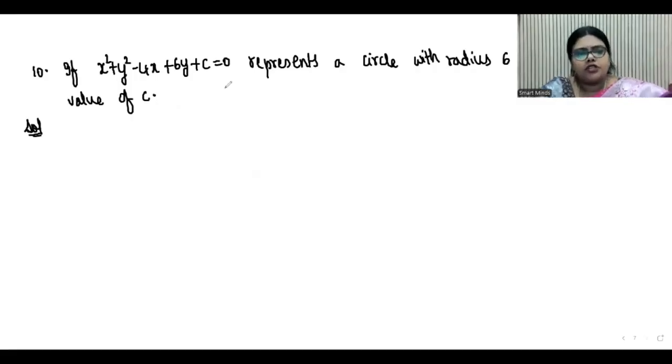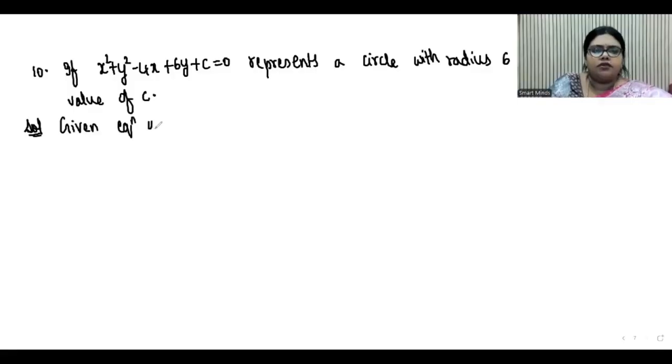Take the next question. If x² + y² - 4x + 6y + c = 0 represents a circle with radius 6, then find the value of c. So first let us write the given equation. It is x² + y² - 4x + 6y + c = 0.